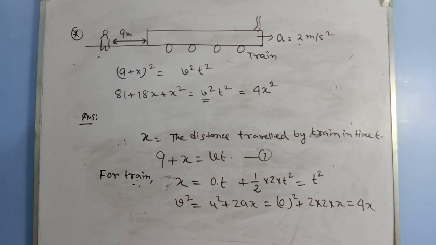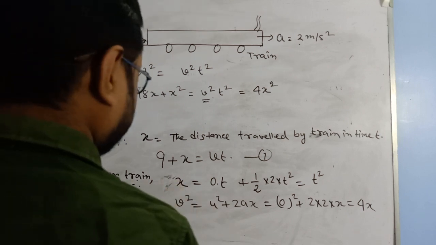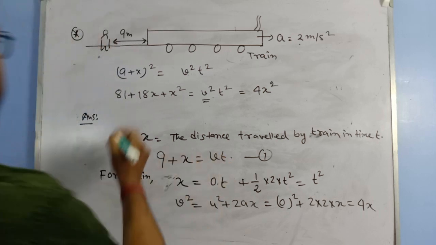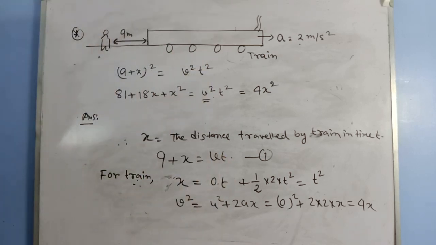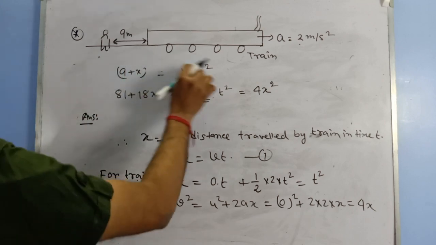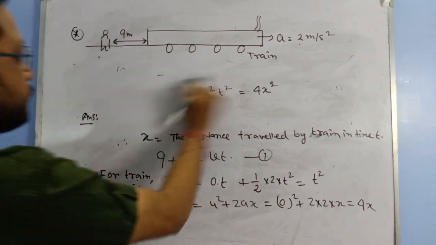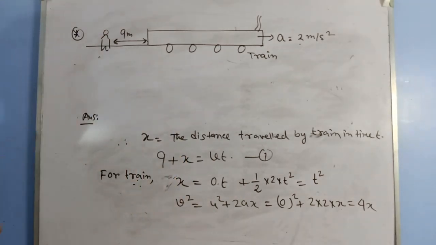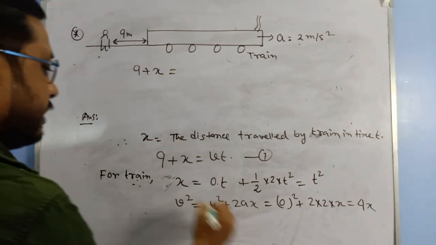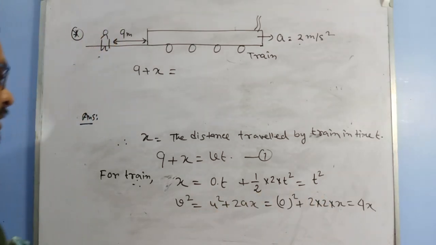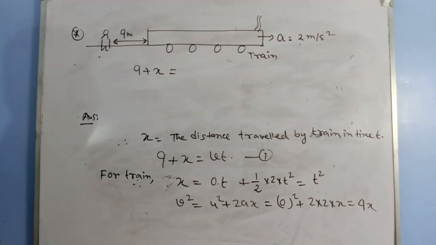We cannot square this, then also the answer can be found out. So from equation 1 we get 9 plus x equal to vt, and since v square equal to 4x, this v is root 4x, okay.